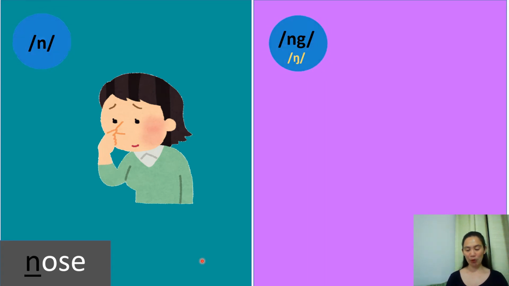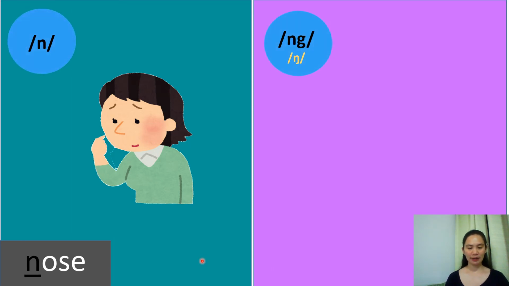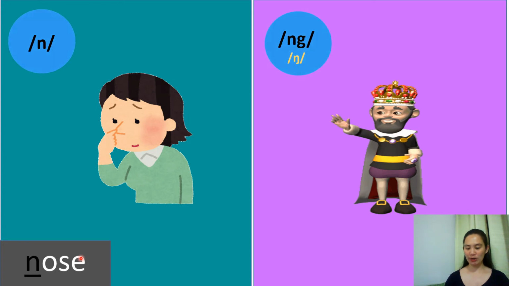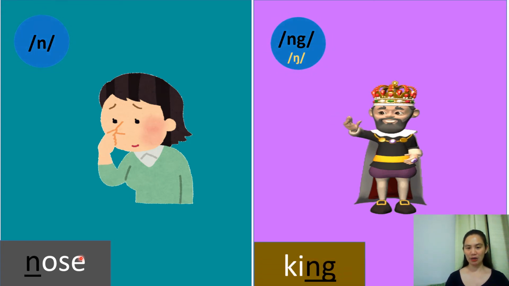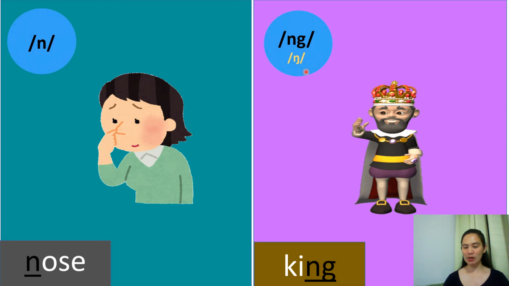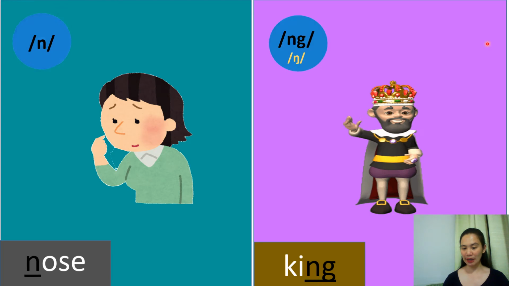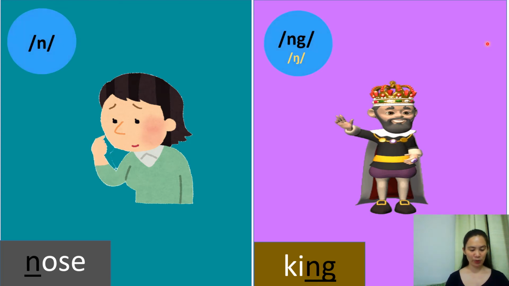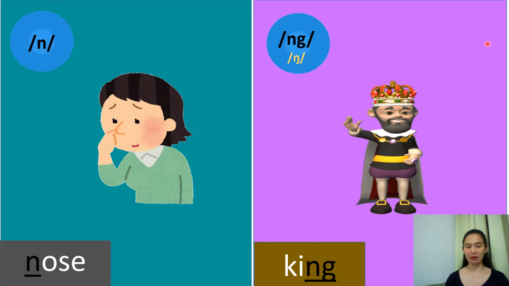Now, let's have more examples of words with letter N. We have the words nut, night, and no. For the sound of NG, we have the word king. The NG sound is always represented by the letters N and G. The same sound can also be heard in words like hang and ring.